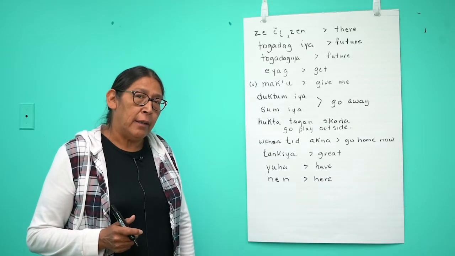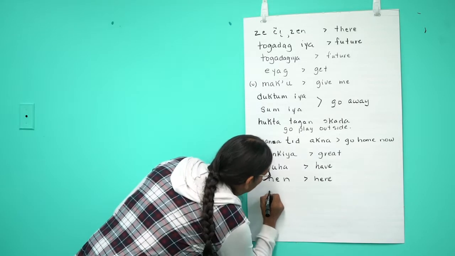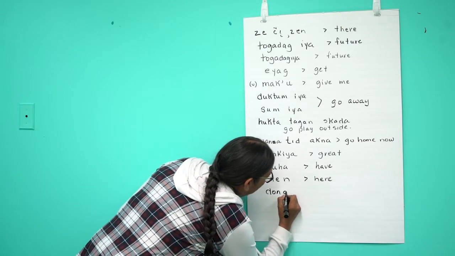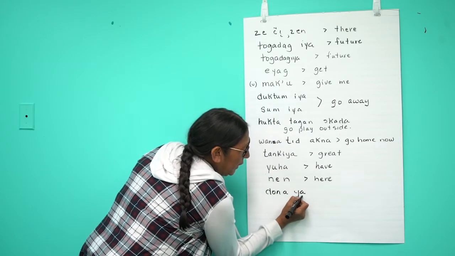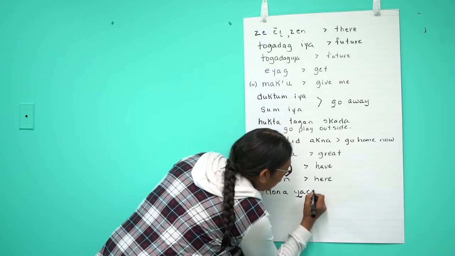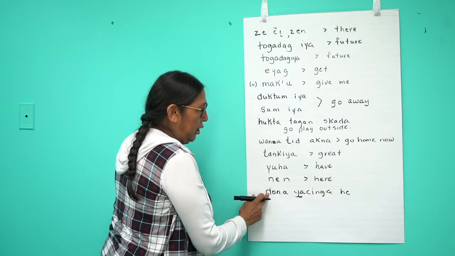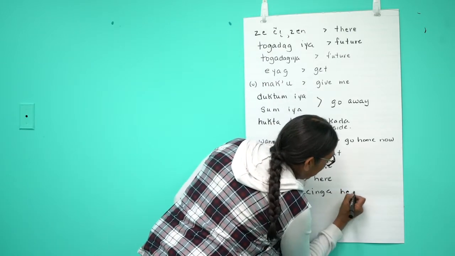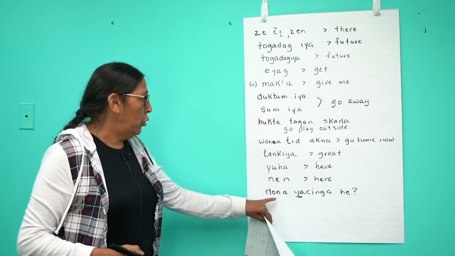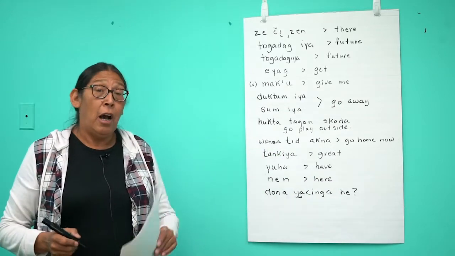Dona ya chinga hai. Meaning, remember now, I'm asking you. And because it starts with a D and ends with a question marker, you know it's a question, right? Dona ya chinga hai. How many do you want?